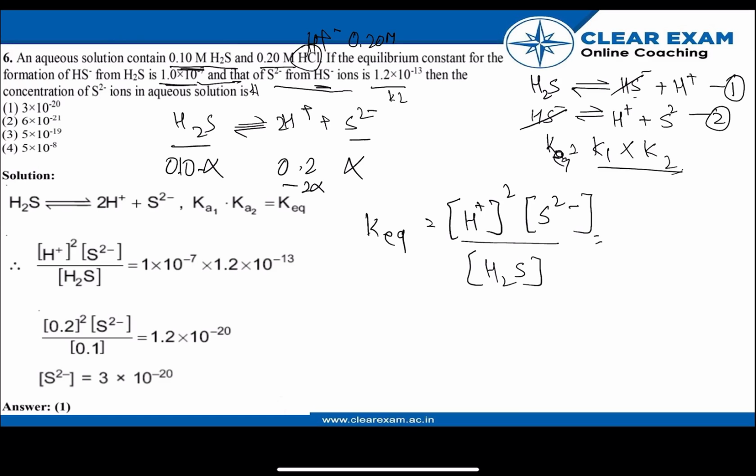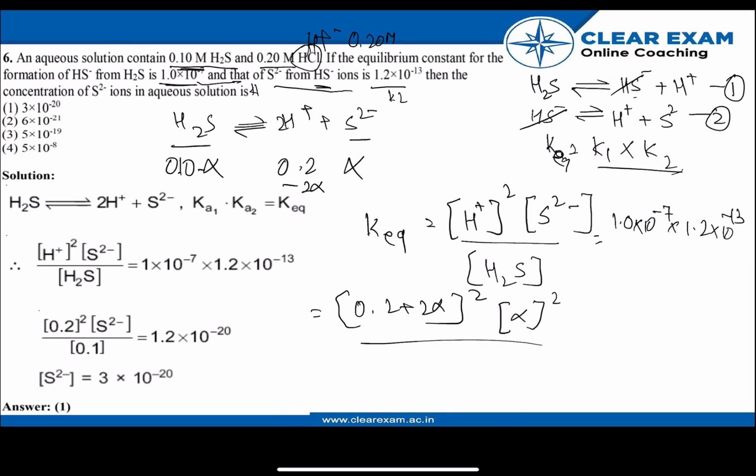K1 was 1.0 × 10^-7, and K2 was 1.2 × 10^-13. So we have (0.2 + 2 alpha)^2 times alpha for S2-, upon 0.10 minus alpha for H2S, equals 1.0 times 1.2, that is 1.2 × 10^-13 minus 7, that is 10^-20.